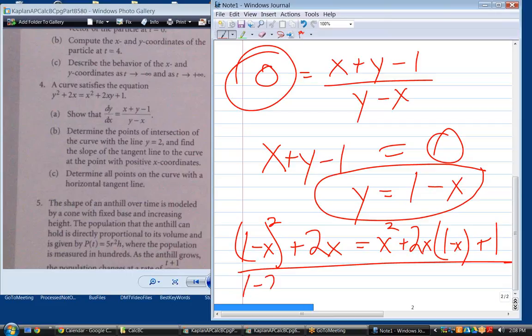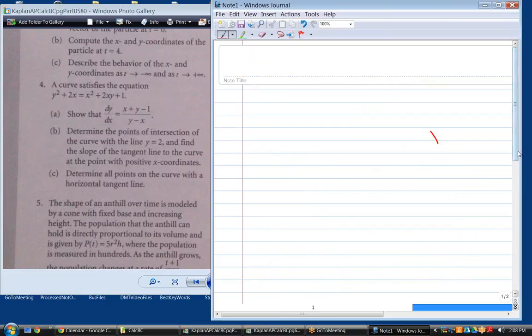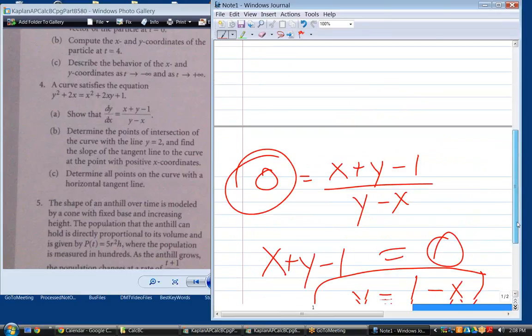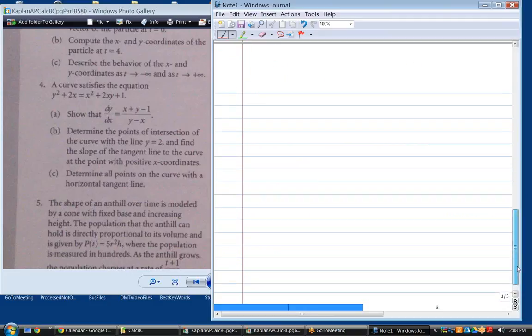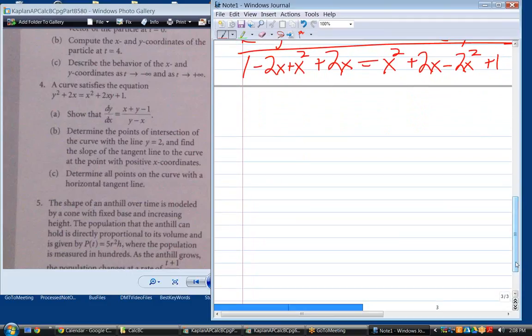We get 1 minus 2x plus x squared plus 2x equals x squared plus 2x minus 2x squared plus 1. Now, how many x squareds do we have? They actually do cancel out. Oh, no they don't. We have minus 2x squared.